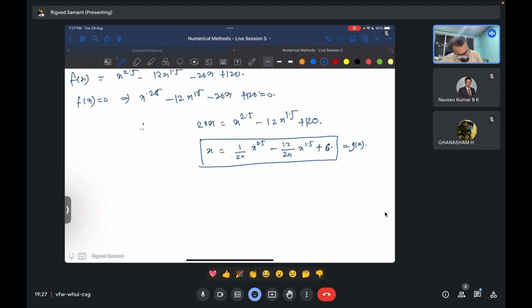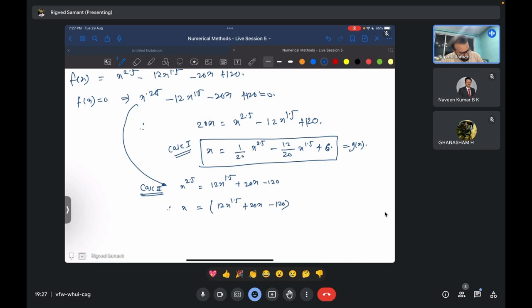So this can be case 1, and case 2 could be: we keep the 2.5 on this side, and then 12x raised to 1.5 plus 20x minus 120.